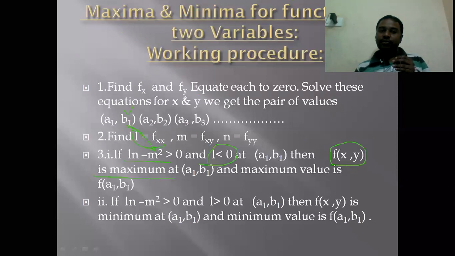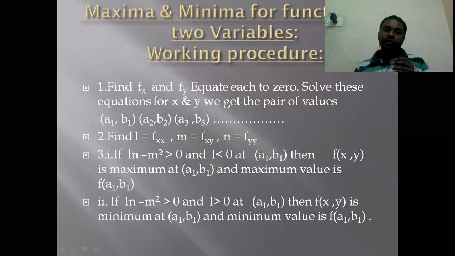So this condition gives the maximum for that particular point. To get the maximum value, we substitute this point in the provided function. In place of x, you substitute a1, and in place of y, substitute b1. So we'll get the maximum value. This way we find the maximum if it satisfies this condition.